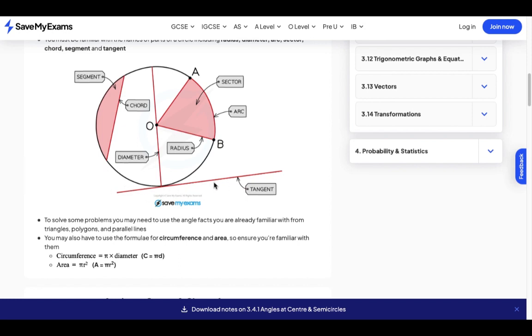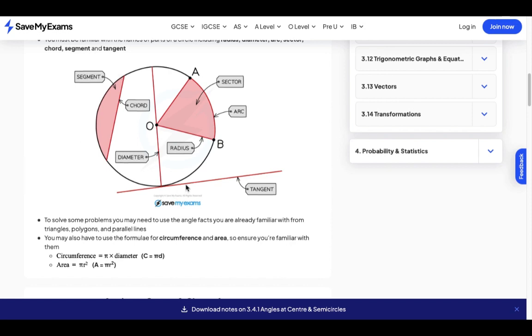Then we have what we call a tangent line: a straight line that meets the circumference at a point. It forms 90 degrees with the radius. And we already know how to calculate the circumference of a circle.